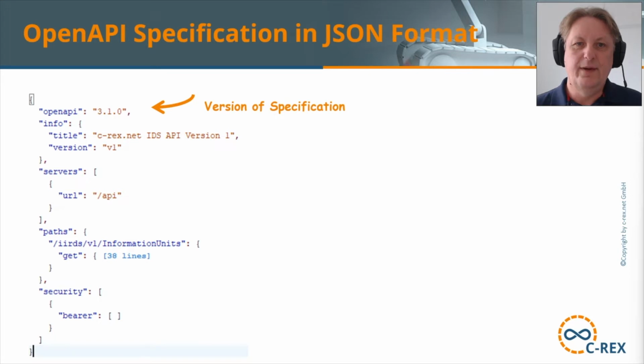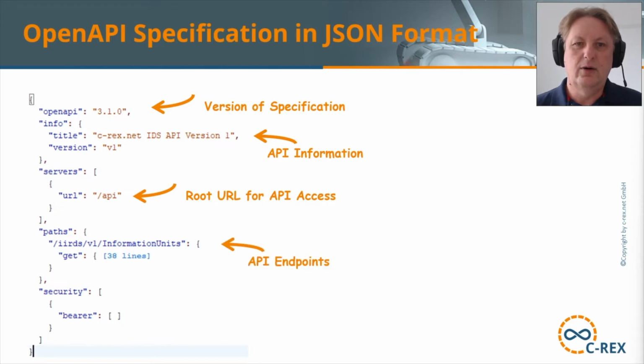So we have information about the version of the specification, information about the API itself, the root URL to access the API, information about certain API endpoints, and information about certain authorization modes.